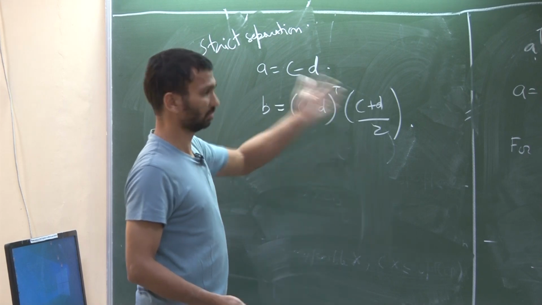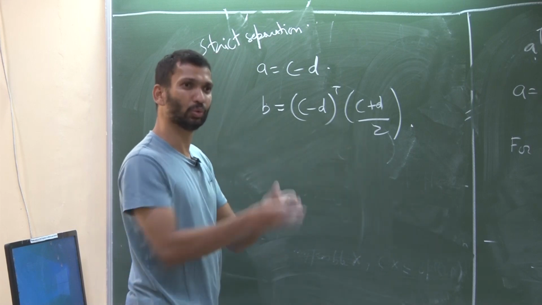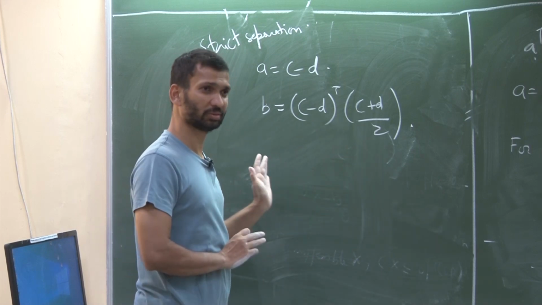Okay, so this at C, it's a middle separation. At C plus D by 2, it will become strict. Okay, I don't need to prove it, right?